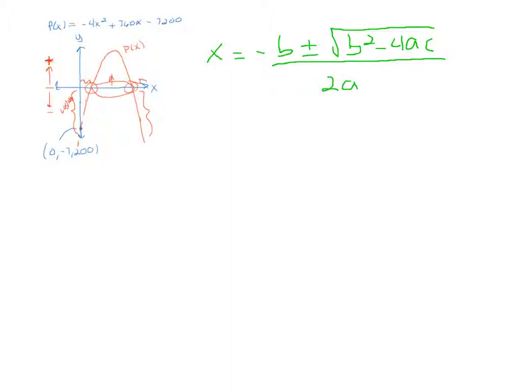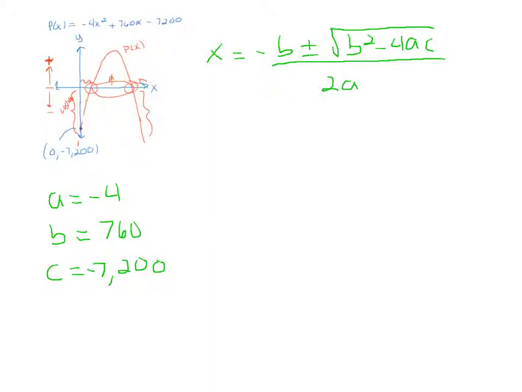Okay, so a for us is going to be equal to negative 4, b is going to be equal to 760, and c is going to be equal to negative 7,200. At this point I suggest pulling out our calculators.